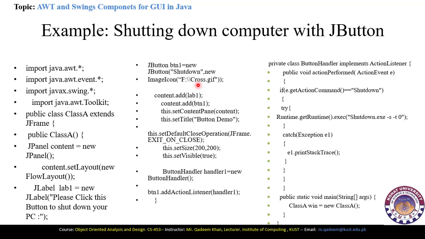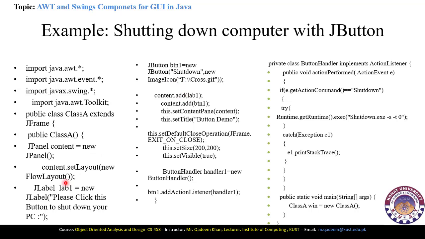This image will be shown in the left position while this text will be shown in the right position over the button. This image, cross.gif, is in the F directory of the computer. You can also specify your own directory if you want to create this folder inside of your project. Then you have to remove the directory name here, F colon double slash will be removed.